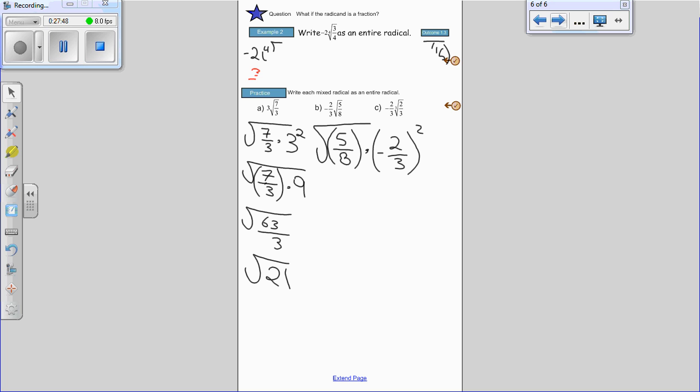It distributes to the top and to the bottom number. So this is equal to -2 squared divided by 3 squared. I just paired that negative with either one. Which means it's equal to 4.